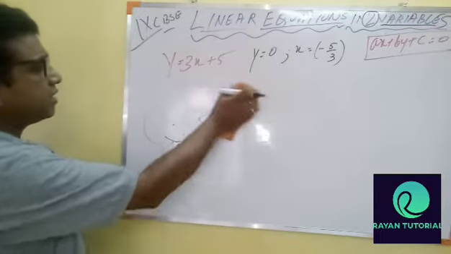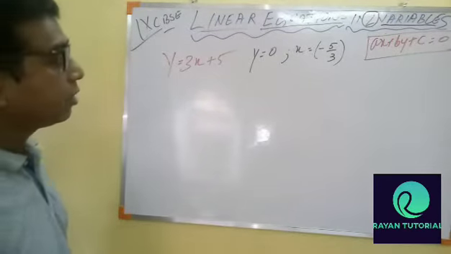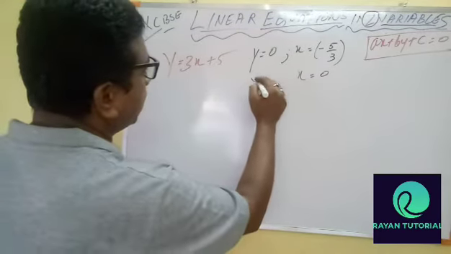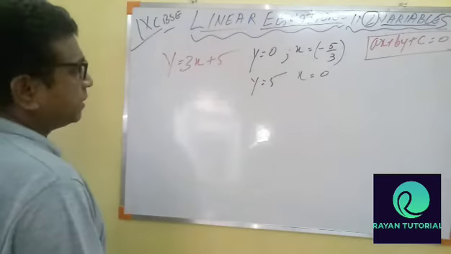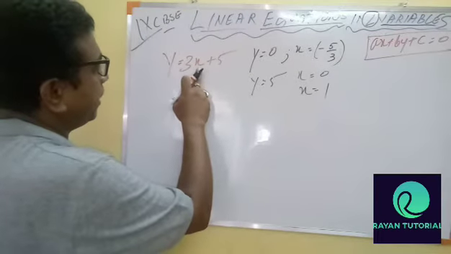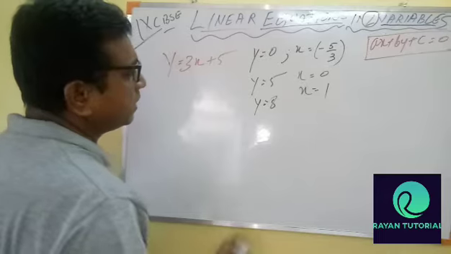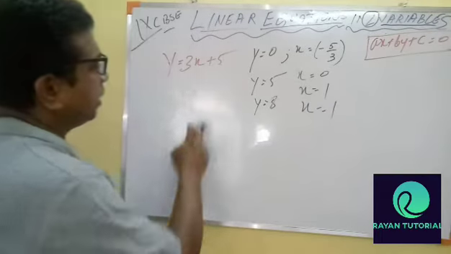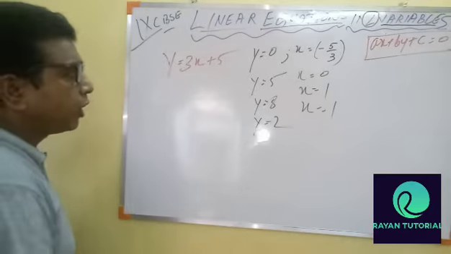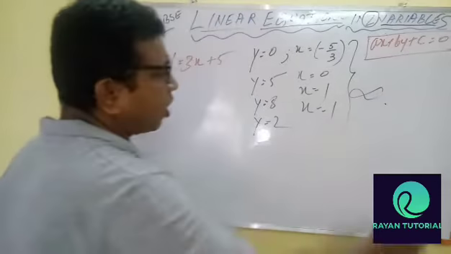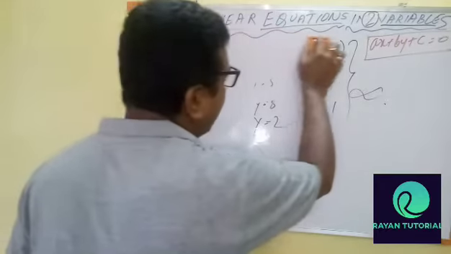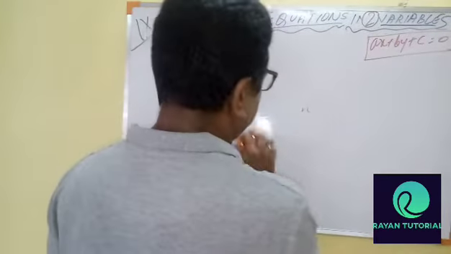So I can put x equals to minus 5 by 3 for y equals to 0. If I put x equals to 0, then y comes 5. Right? If I put x equals to 1, y will be 3 plus 5, y will be 8. If I put x equals to minus 1, so minus 3 plus 5, 2, y will be coming 2. So you will be getting infinite number of solutions. So for this equation, you are going to have infinite number of solutions.